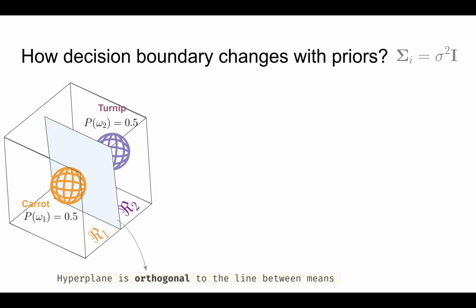So here we have two spheres separated by this plane. The point to note here is that the plane is, at least I was trying to draw it, perpendicular to the line that joins the centroids of these two spheres. So the plane is perpendicular, orthogonal.